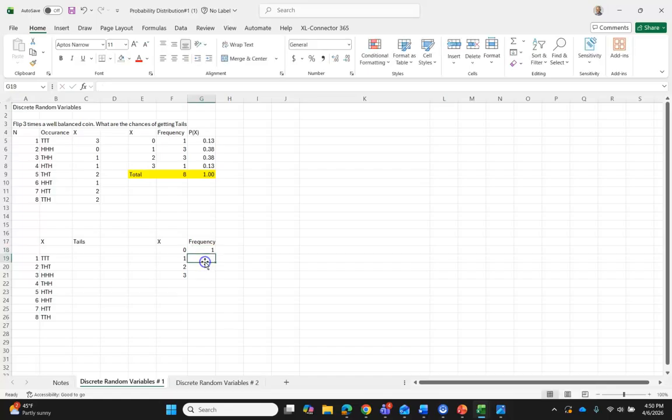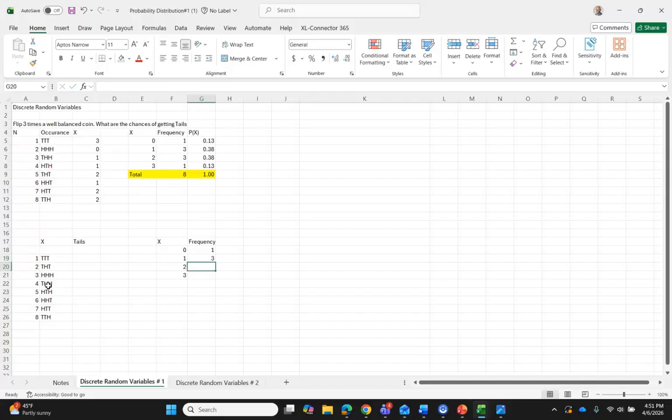And then let's see, when we flip coin 3 times, what are the chances of getting one tail? So here we have one tail. Also we have one tail. Here we have one tail. So we have 3 chances of getting one tail.